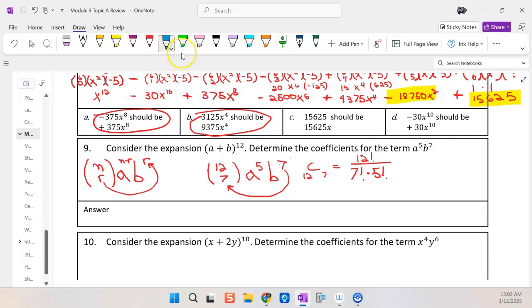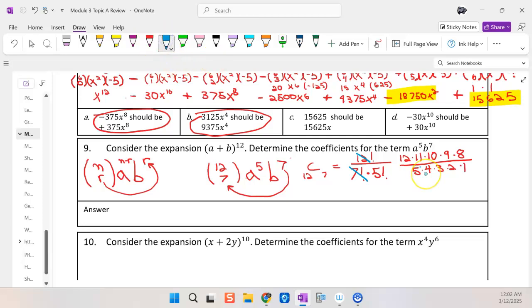All right, now the 7 is going to cancel out all of the 12 except for 12, 11, 10, 9, 8. Now I'm left with the 5, 4, 3, 2, 1.